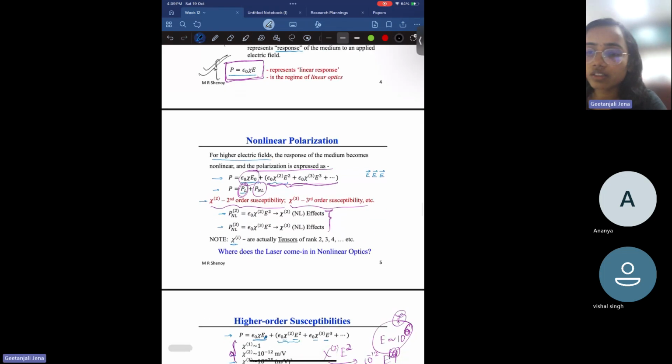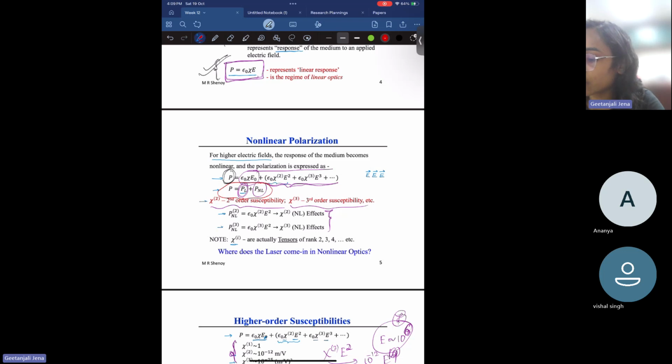Now, when you have a higher electric field, that is, an electric field of high intensity, higher than the interatomic electric field, the material will behave non-linearly. That means the polarization P you can write as a linear term plus a non-linear term, P_NL.